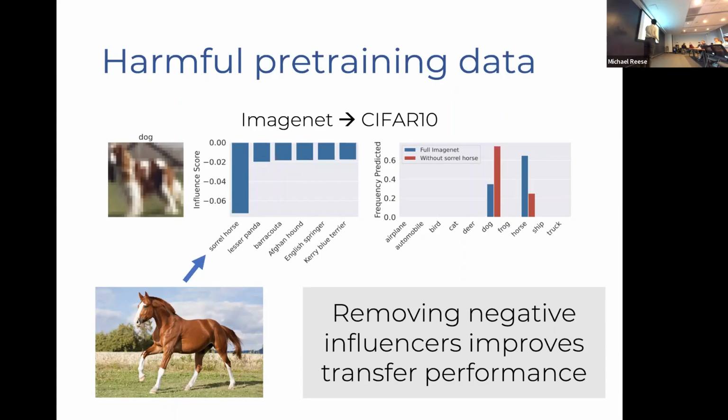Here we're transferring from ImageNet to CIFAR10, and this is the dog class, and these are the most negative influencers from ImageNet for the dog class. So there's sorrel horse, lesser panda, barracuda. Including these images from ImageNet reduces your performance on CIFAR10 dog after transfer.